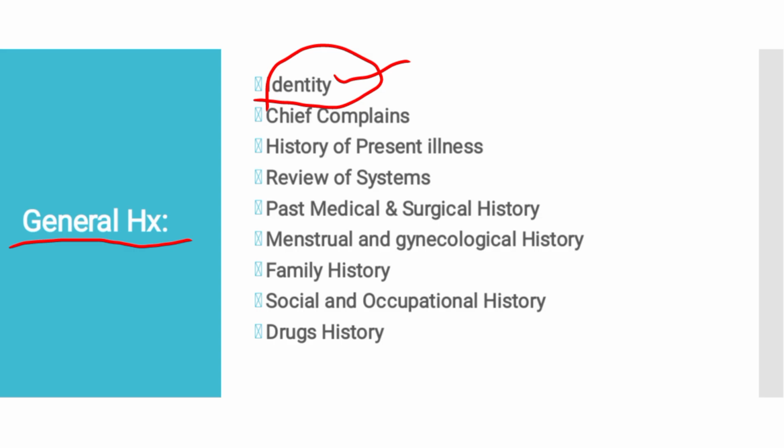Next, we have chief complaints. A patient always comes with a chief or main complaint. What are his or her complaints? This is included in the chief complaints, the present illness the patient comes with.